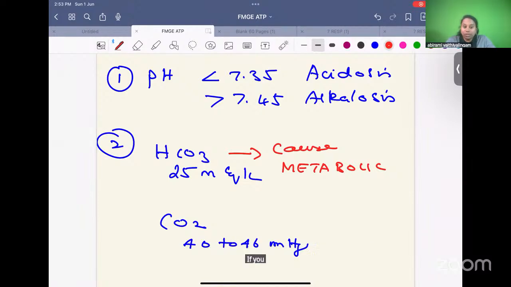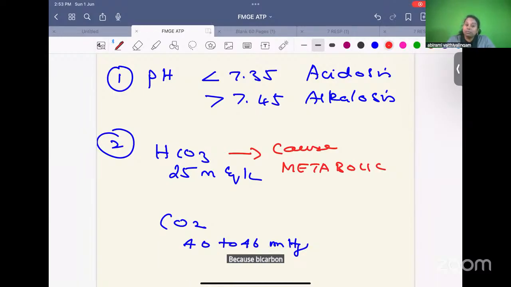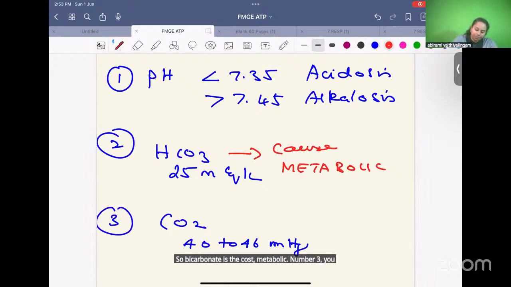If bicarbonate is the cause, then you will give this as metabolic, because bicarbonate is the one which will neutralize H+. H+ is a metabolic acid. So bicarbonate is the cause, metabolic. Number 3, you find out that CO2 is the cause.